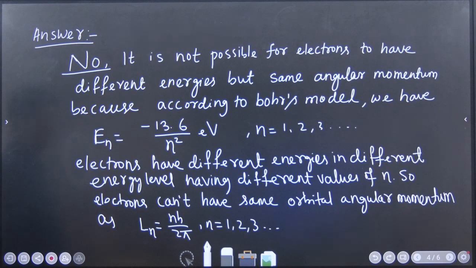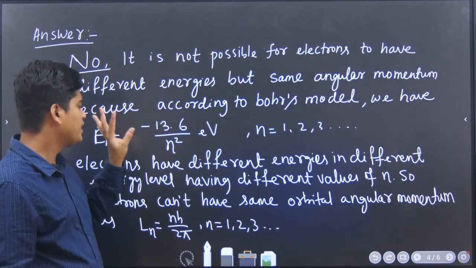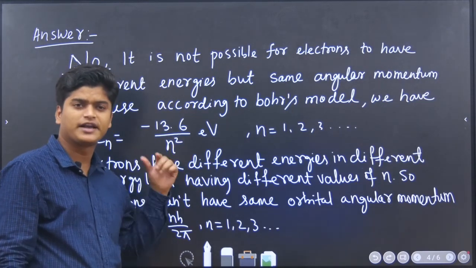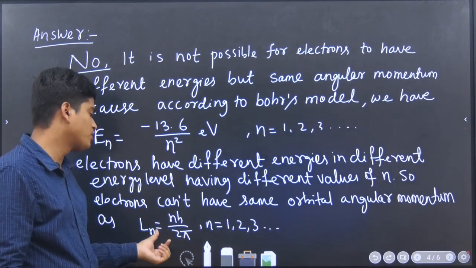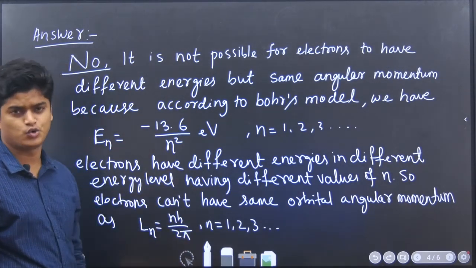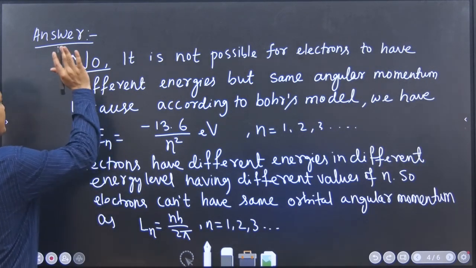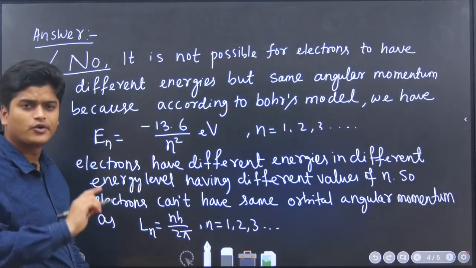And electrons in different energy levels have different energies because of different n values. So that is why they cannot have the same orbital angular momentum, because L_n is nh by 2 pi. So these two points are there, and you are telling the answer as no also. Definitely 2 marks you will get from here, no doubt.